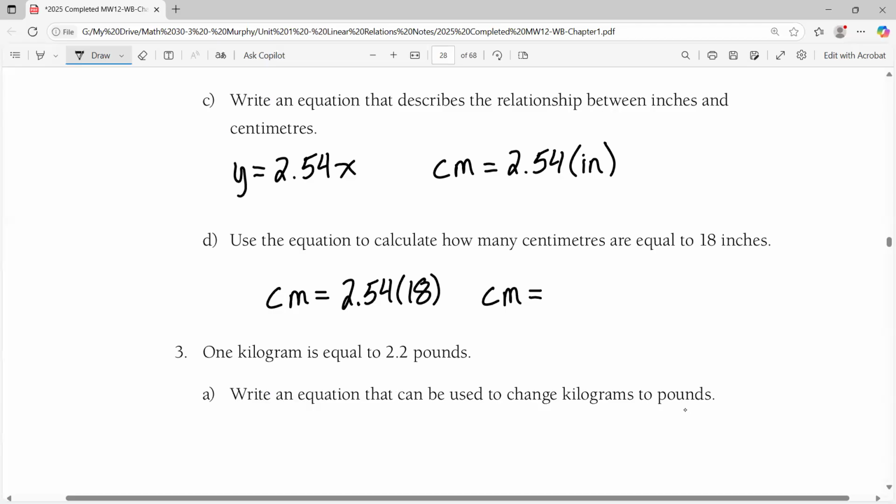And if we multiply those two, we should end up with 45.72 centimeters. Okay, so there we go. Now, because we have centimeters equals this, you don't have to put the little centimeter unit here if you don't want to. Okay, if it confuses you, you can leave it just like that.